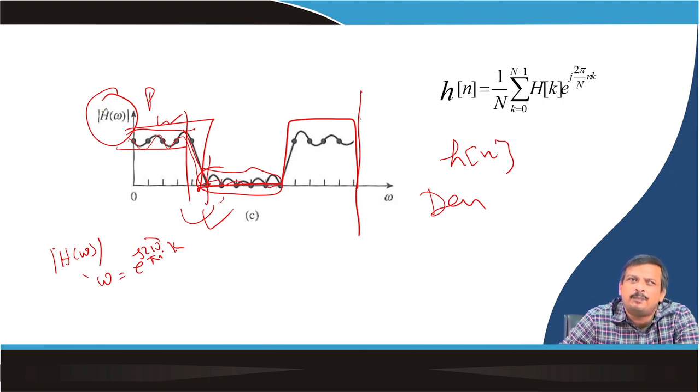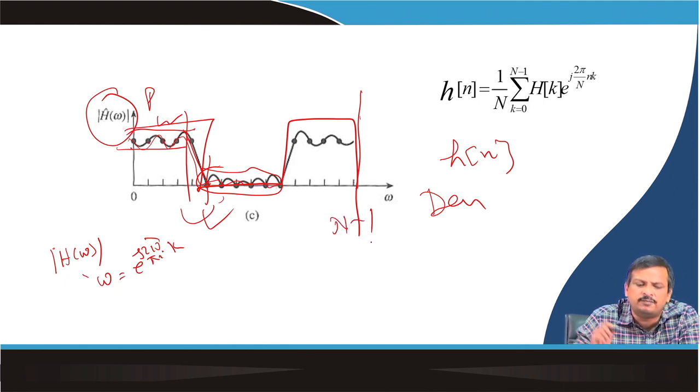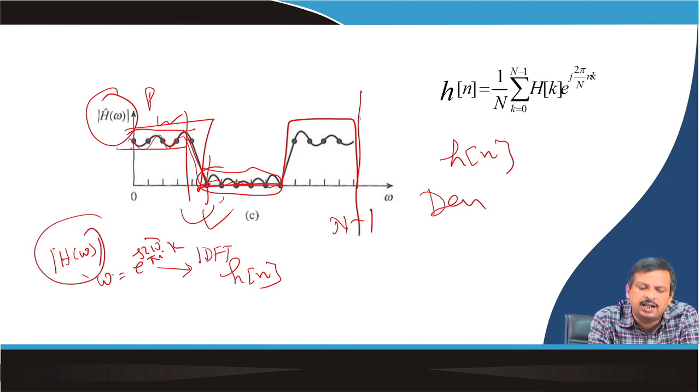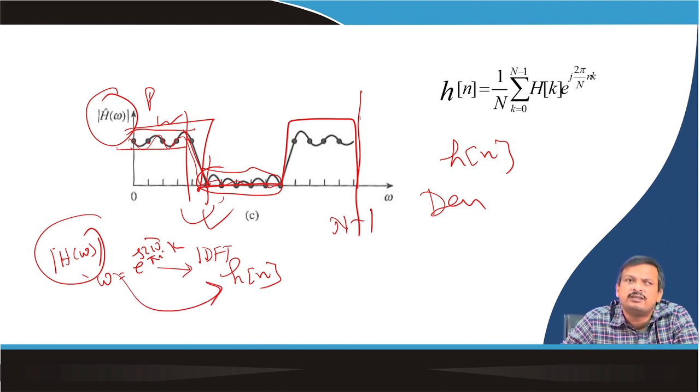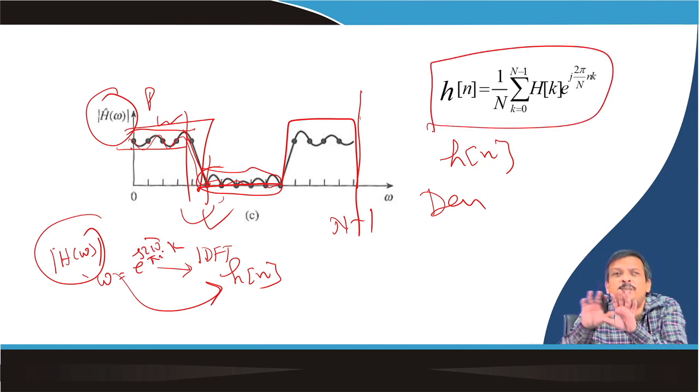So I sample k as 0, 1, 2, 3, 4 up to N minus 1. Then from there I compute h of n. So h of n is the inverse discrete Fourier transform of H omega. I get h of n, which is this one. So this is the simple method.